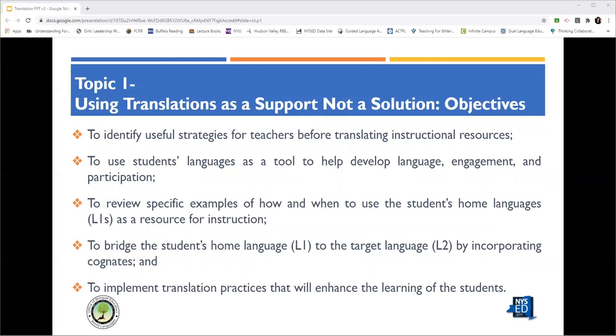We hope to help you review specific examples of how and when to use the student's home language as a resource for instruction, bridge the student's home language from their L1 to the target language L2 by incorporating some things such as cognates, and implement translation practices that will enhance the learning of all students.